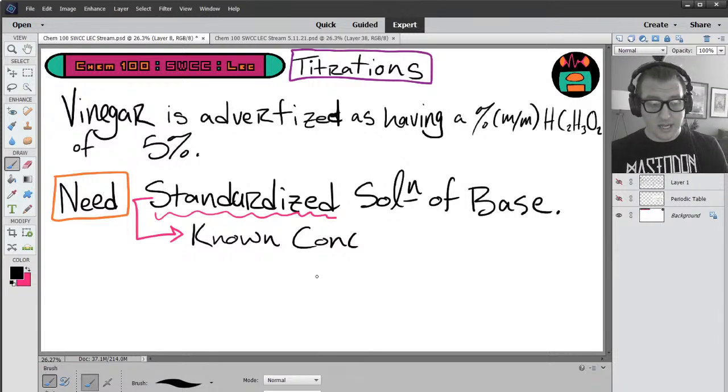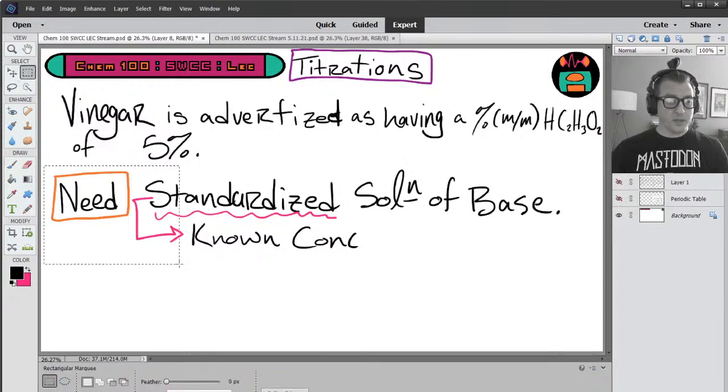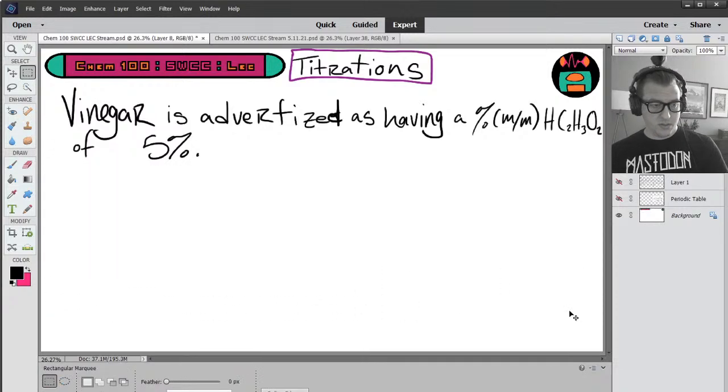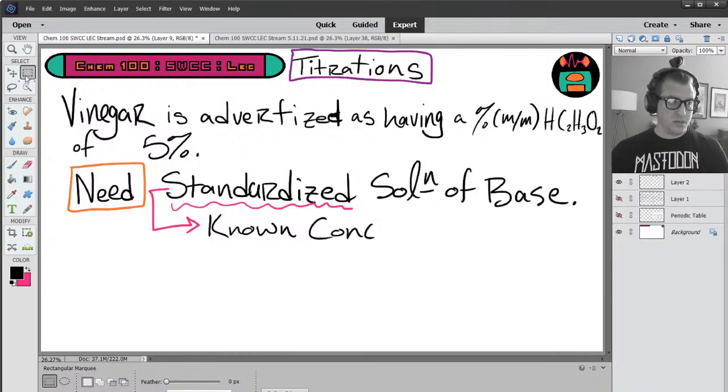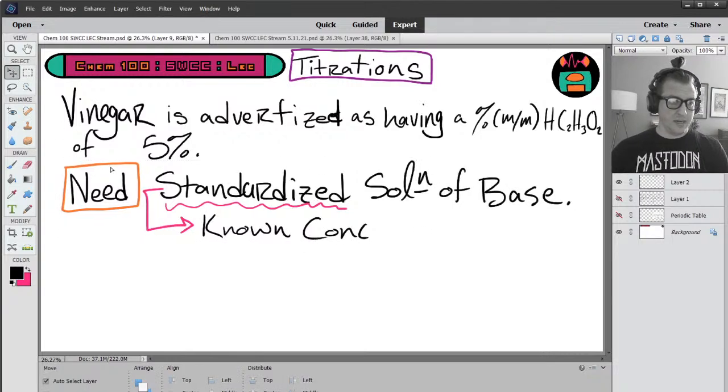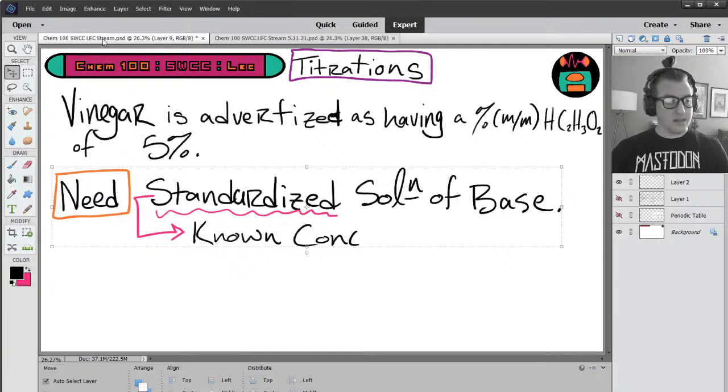Determine precisely what that concentration of that solution is, and then you can use your standardized solution of base to determine your percent concentration of vinegar. So, sorry, I'm just repositioning it.